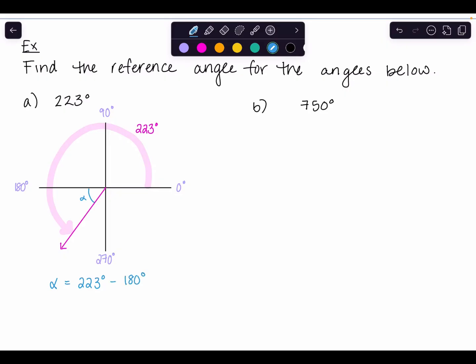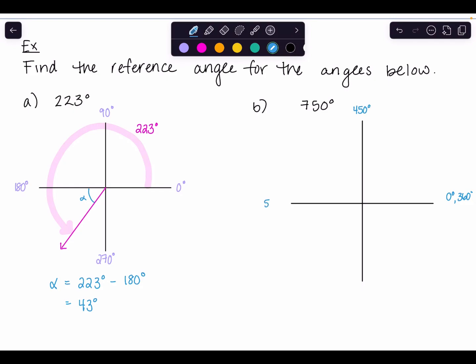So if I want to find alpha, this total angle is 223, but I don't care about any of this stuff up here. So from 223, I'm going to remove that straight angle of 180. So angle alpha is found by taking 223 degrees and subtracting 180 to give us the acute angle 43 degrees. Okay, so that is our reference angle.